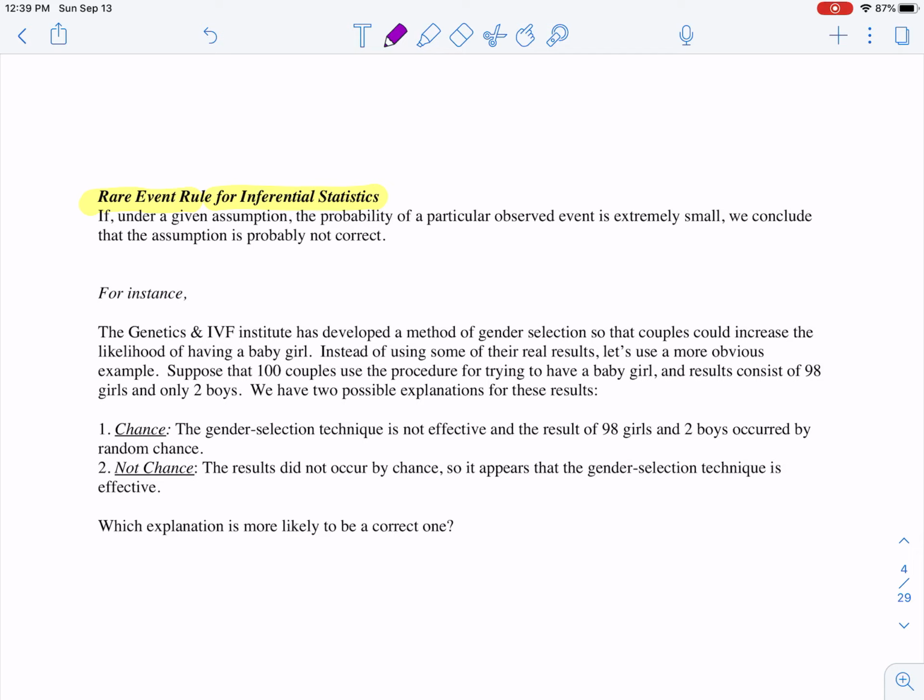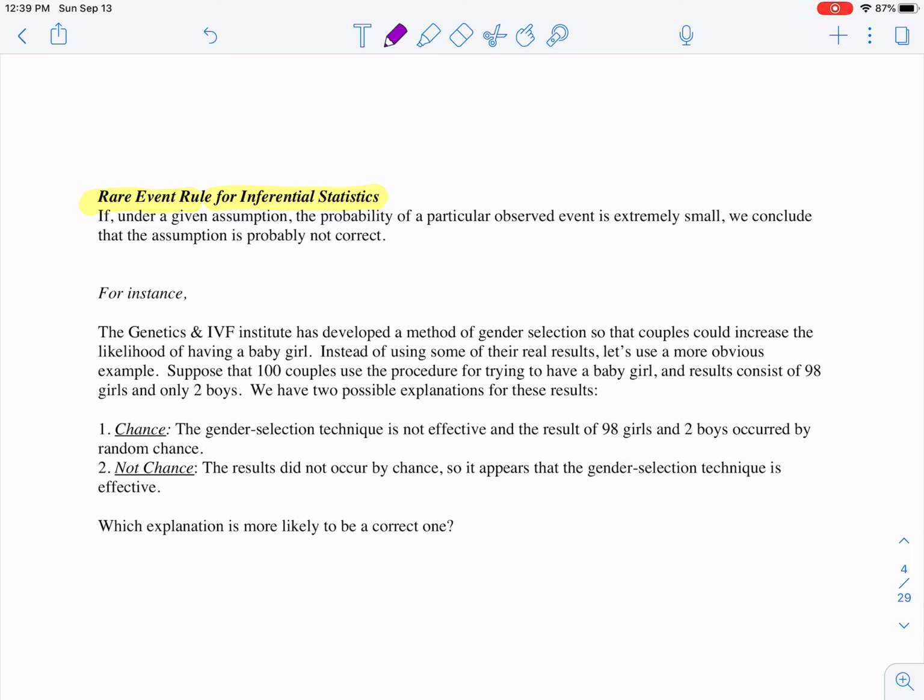Like lightning: the chance of a person getting struck by lightning is extremely small, but you can't rule out all the cases, because it does happen, and people have been struck by lightning before, or people have won the lottery before, right? So those are the particular observed events under given assumptions. That's what we use for inferential statistics when we make a decision in the last 3 chapters.